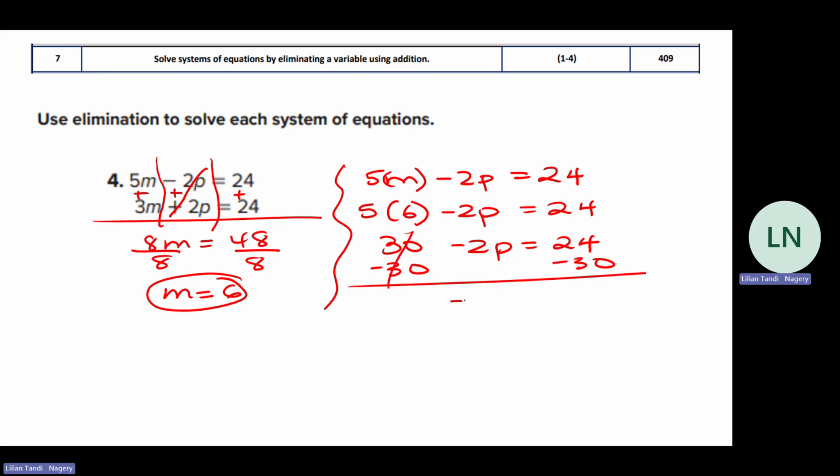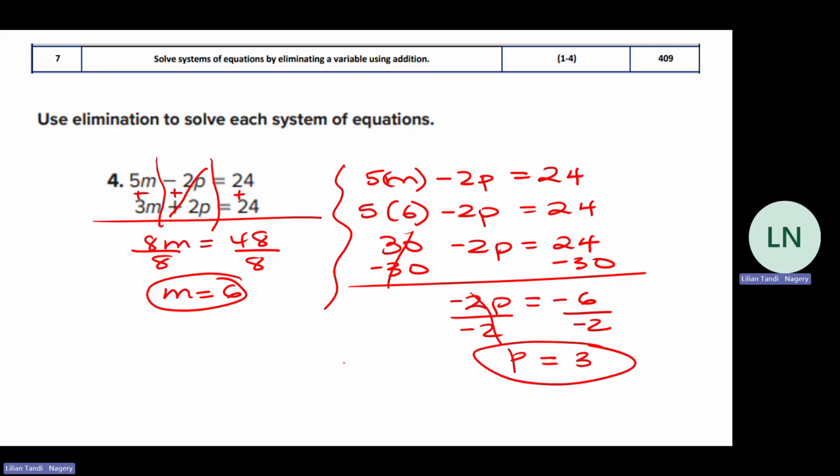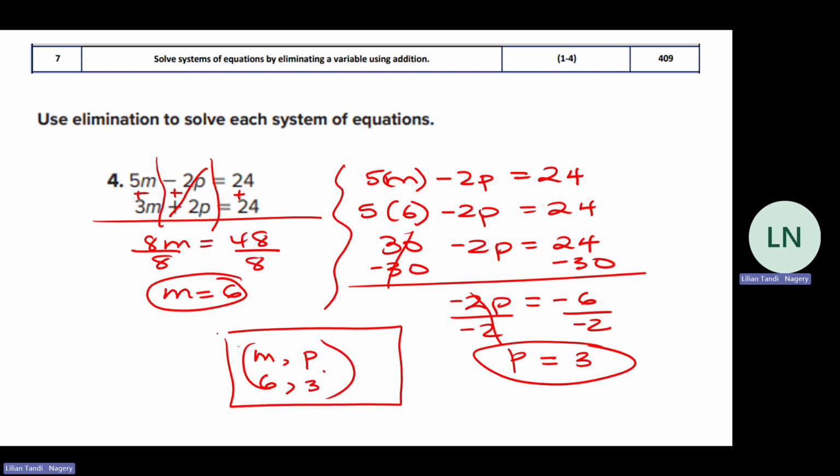This goes away. Negative 2p equals negative 6. Then I'm going to divide both sides by negative 2. P equals 3. So m comes before p in the alphabet. So this is 6, 3. And then you will do the check to make sure your answer is correct.